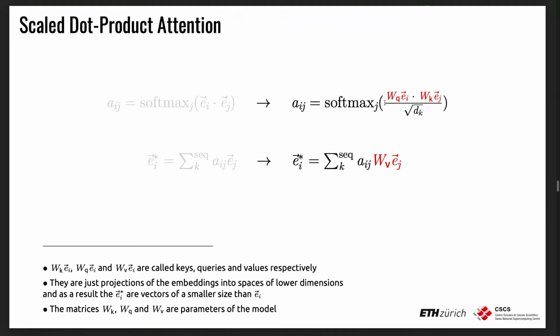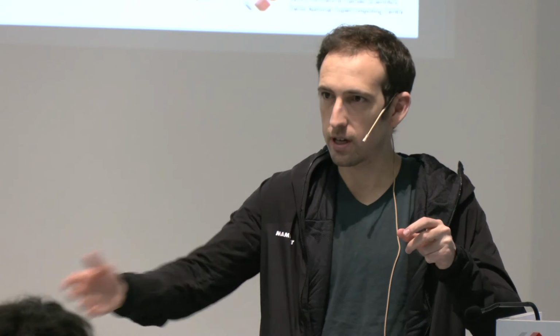And these matrices, these parameters of the model, are this one. This projection is called query, this one is called key, and this one is called value. And these names come from working with databases, and I don't know the story very well, but it comes from something that has to do with looking for similarities to a query inside of the database, like Google or so, when you type a question and it's looking for an answer, okay?